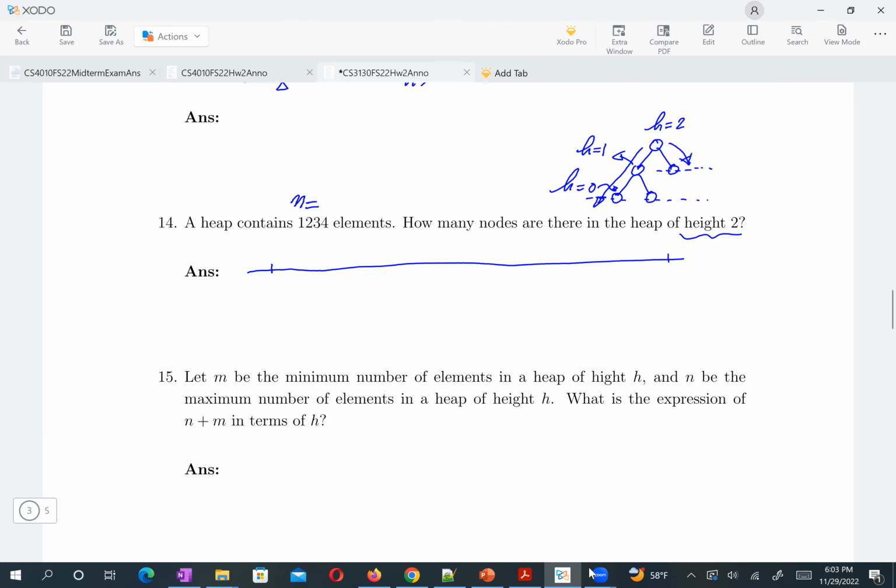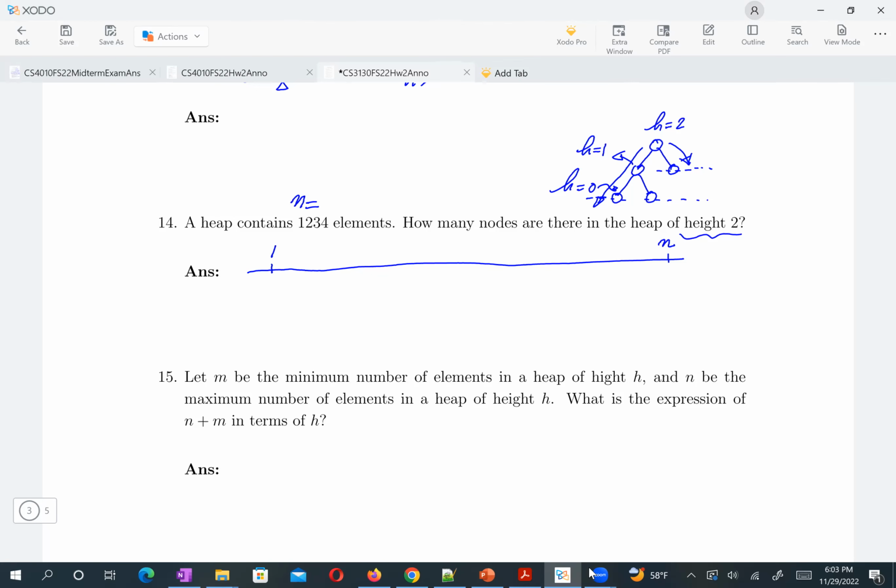The position number for the root node is 1. The position number for the last node in the heap is n. Then we divide this line segment into multiple subintervals.